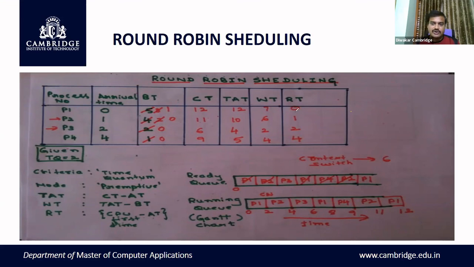Average waiting time, if you want to calculate, you add these 4 numbers and divide by 4. 7 plus 6, 13, 13 plus 2, 15, 19. 19 divided by 4. The value you get is the average waiting time. As well as you can calculate the average response time. Add 0 plus 1, 2 plus 4, 7. 7 divided by 4. The value you get is the average response time.